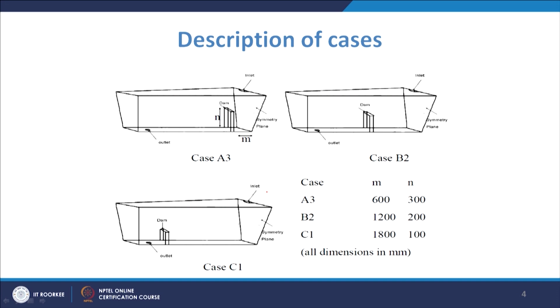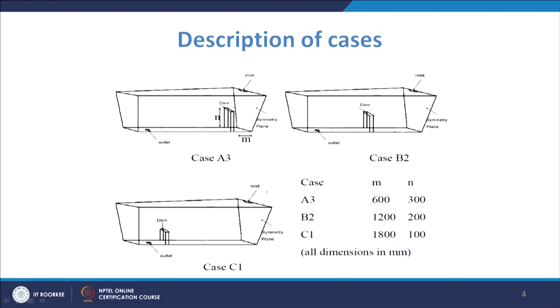Also, maybe in this lecture or in the coming lecture, we will see how we can describe the different cases when we use flow modifiers. When you use the flow modifiers, they will be A1 to A3, B1 to B3 or C1 to C3, and their placement will be varying.